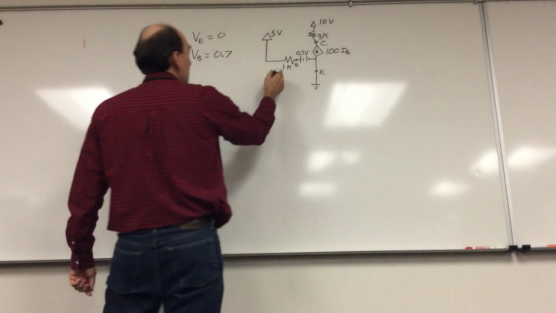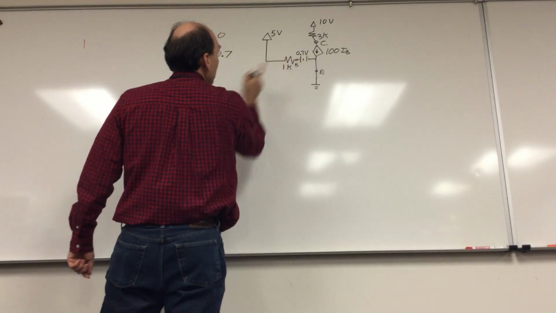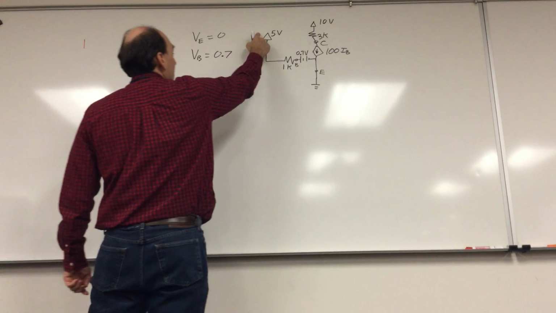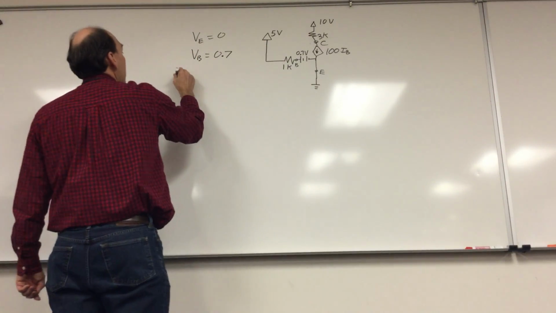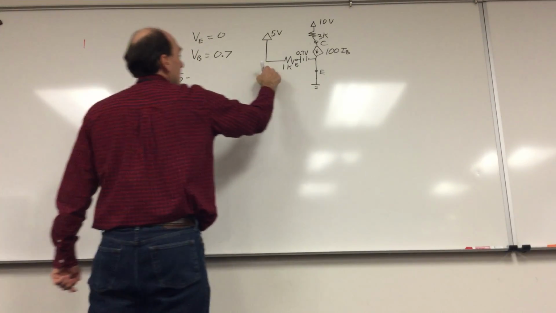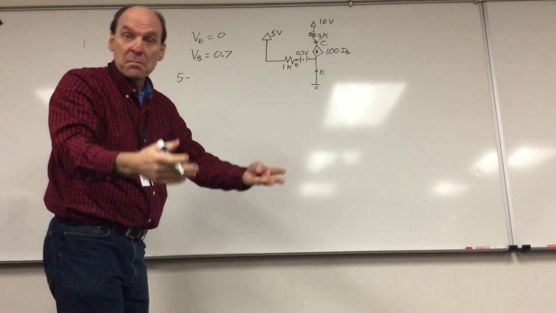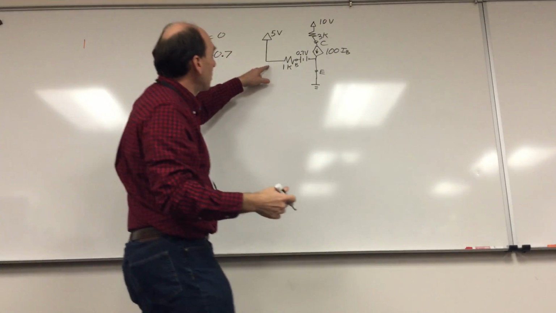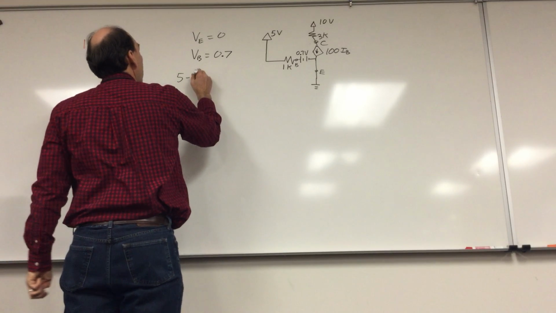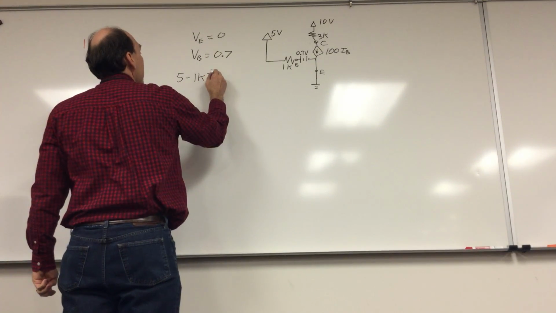I could figure out IB. IB is the current going into the base. If I do KVL from here to here, we're at 5 volts and we're dropping 1K IB.